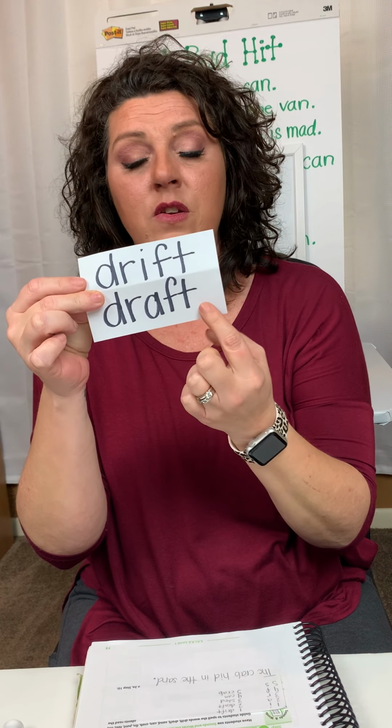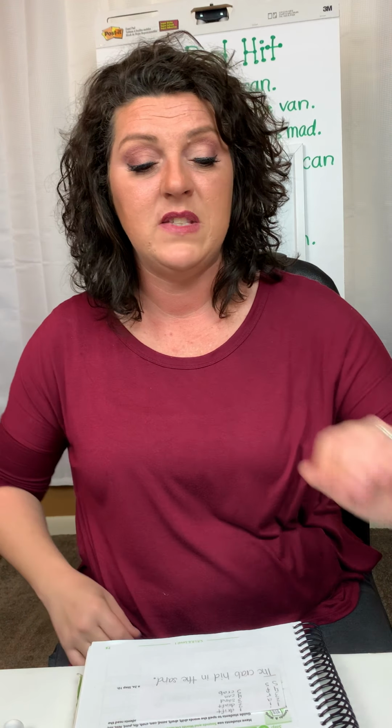So we would have draft. Let's go ahead and do the phonemes in draft as well. Ready? D, r, ah, t. Draft. So 5 phonemes and 5 letters in drift and draft. Okay? All right. So since we did those, that's going to help you on your word dictation.